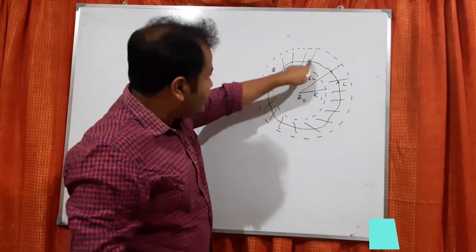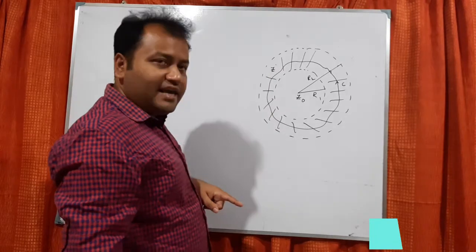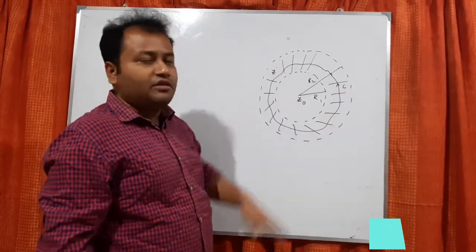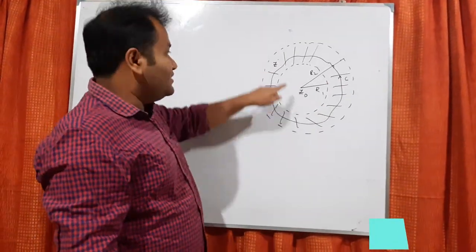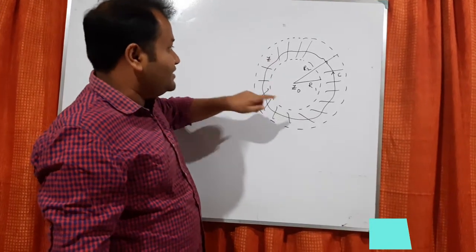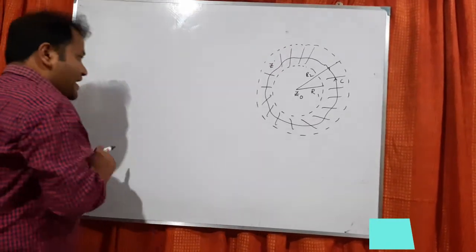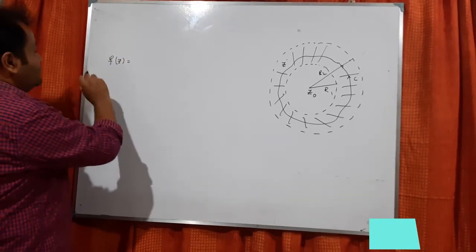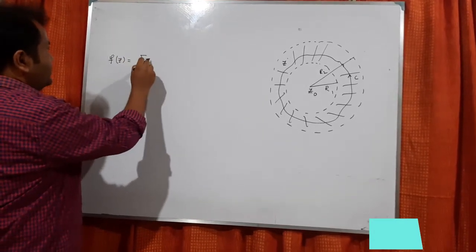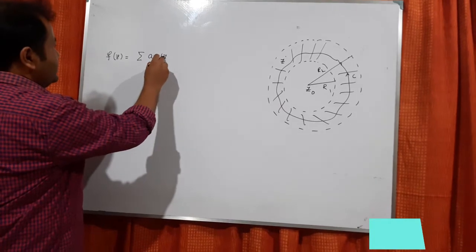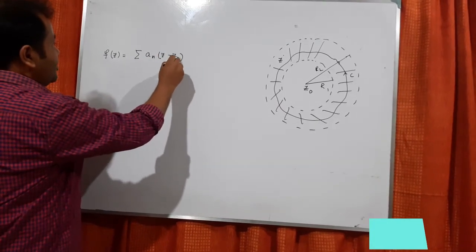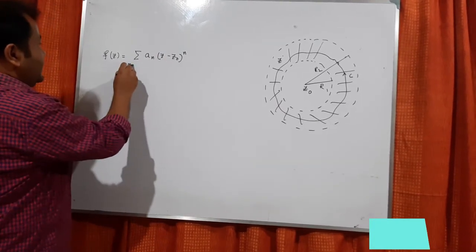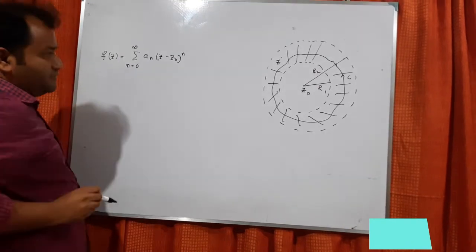Now in that region, if this is a curve C which is taken in anti-clockwise direction and there is any other point Z, then we can write f(z) equals summation a_n (z minus z0) power n, n equals 0 to infinity.